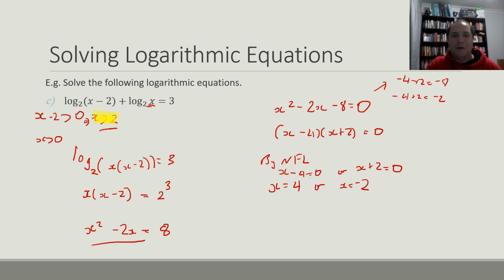Now going back to our domain, we said x is greater than 2. Therefore x equals 4 is the only solution. Our x value has to be 4, and it can't be negative 2 because it doesn't fit in our domain.